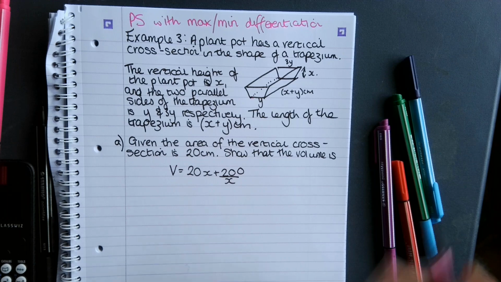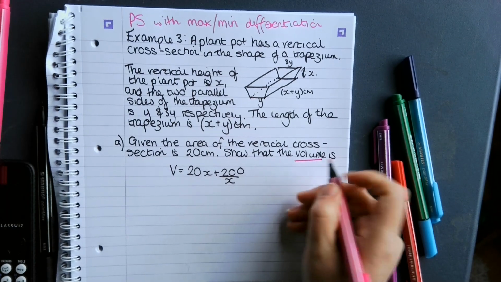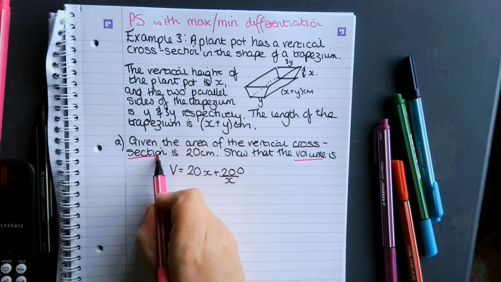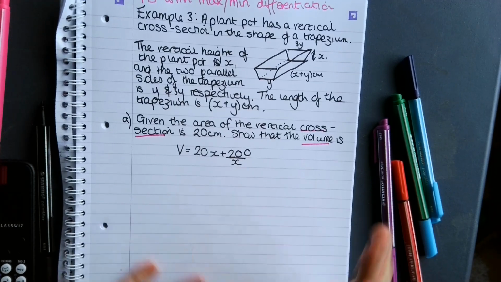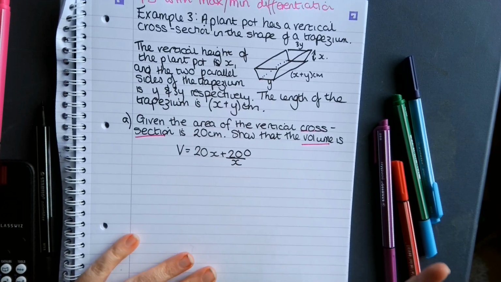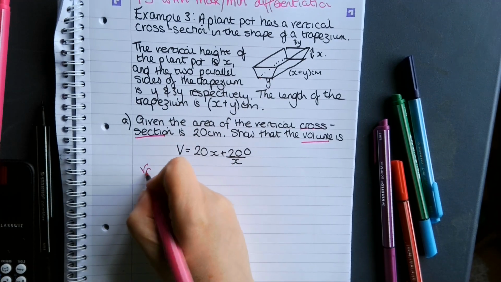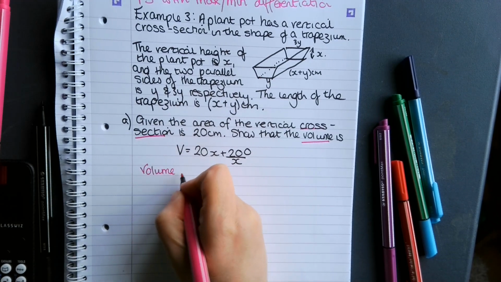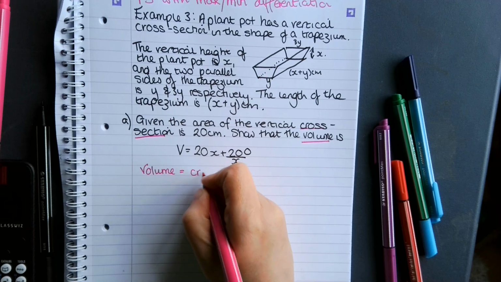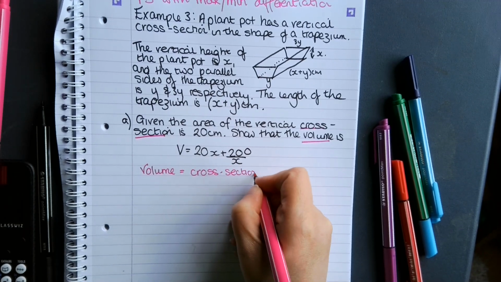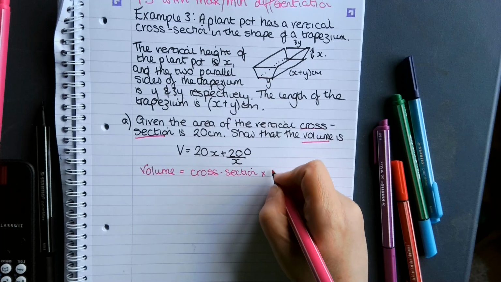So we need to find the volume, and they've given us some information about the cross section. The first thing is about finding the volume of any prism. It's the cross section times the length.